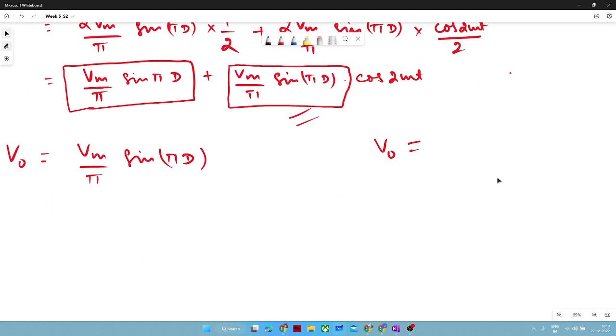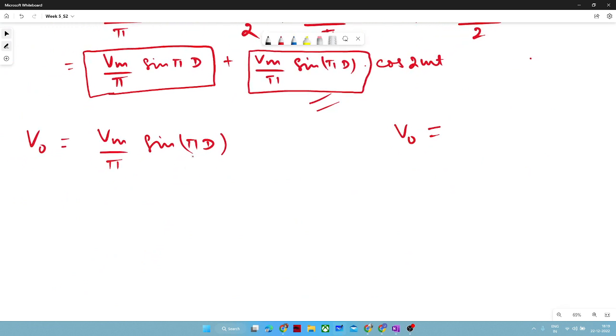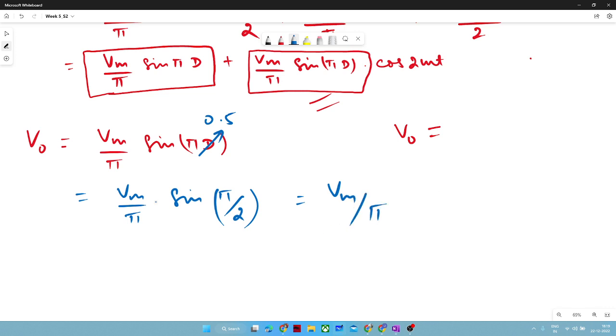Now I will plug d equal to 0.5 in here. 0.5 means pi by 2, right? So it is Vm by pi sine pi by 2, and that is your Vm by pi. So we did all the derivation to arrive at this point: V naught is equal to Vm by pi for the half wave rectifier.